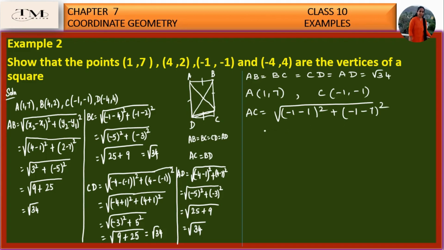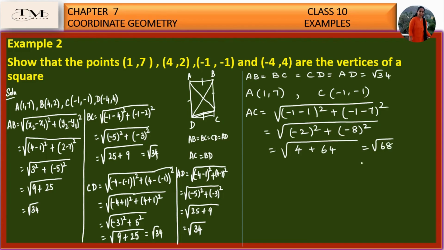So minus 2 whole square plus minus 8 whole square. Minus 2 whole square is 4, 8 whole square is 64. So 64 plus 4 you will get 68. That is root 68.